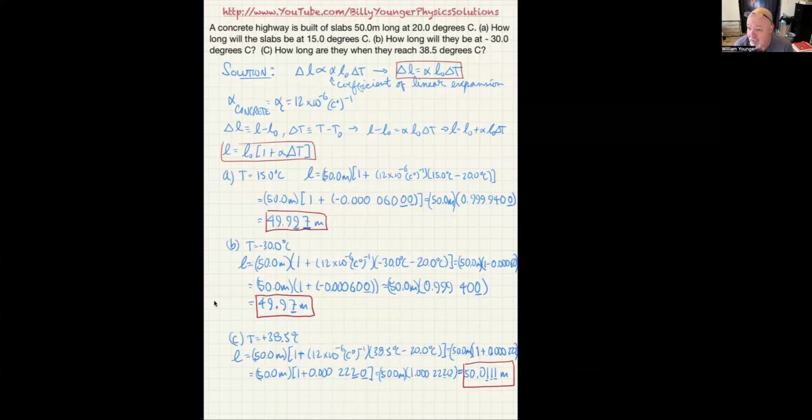For instance, the table gives us the value for alpha for concrete at 20 degrees Celsius. You might find, in fact, it's quite a different alpha at, let's say, 10 degrees Celsius or -5 degrees Celsius or anything like that, much less -30. And you'd also find that probably there's a difference at 38.5.